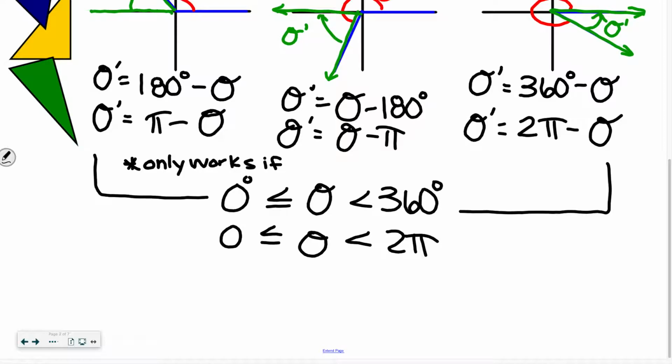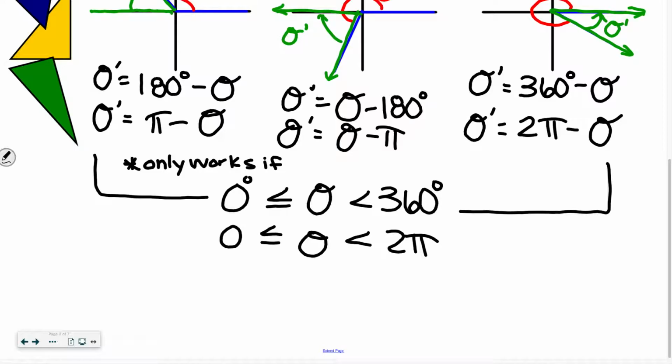So that goes back to that example I was telling Mason about when he asked again about quadrant 1. If I pick something in quadrant 2, okay, 500 degrees. If we graph 500 degrees, it will land in quadrant 2. But certainly 180 minus 500 is not going to give me a positive acute angle.